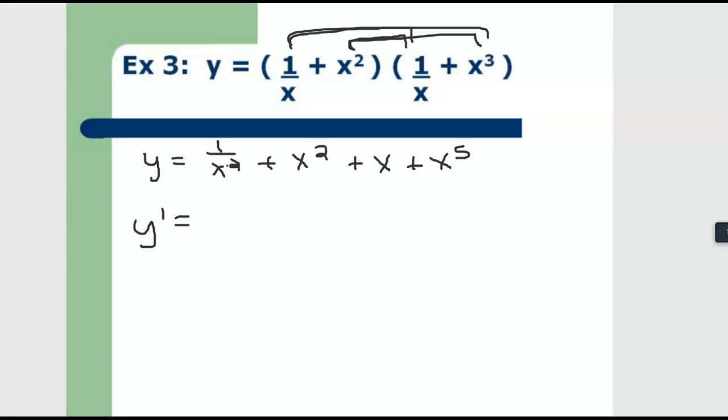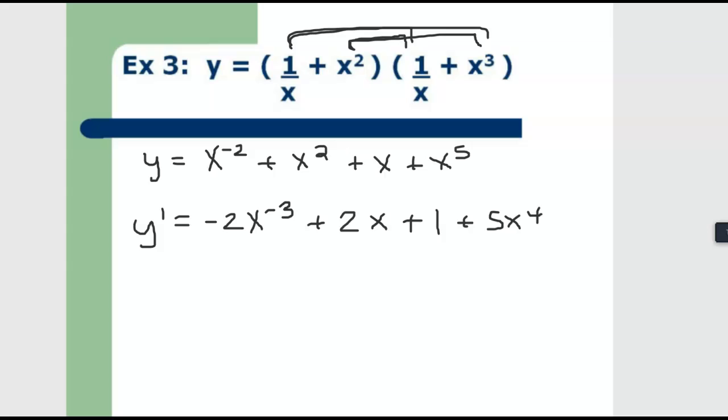This is kind of like the same as x to the negative 2. So there's my negative 2, x to the negative 3, 2x, that 1, and 5x to the 4th.